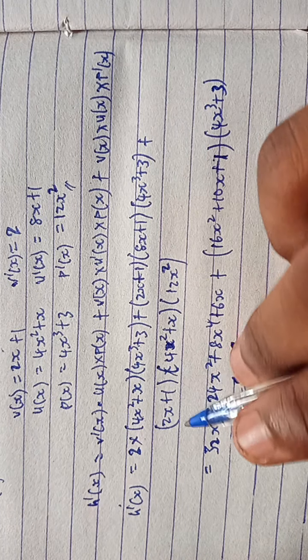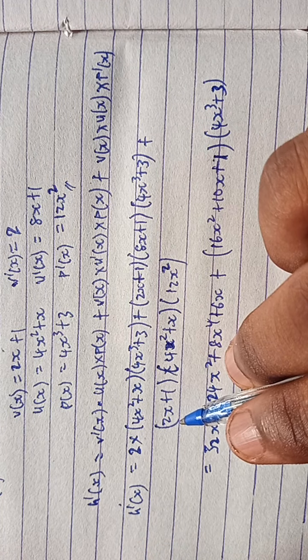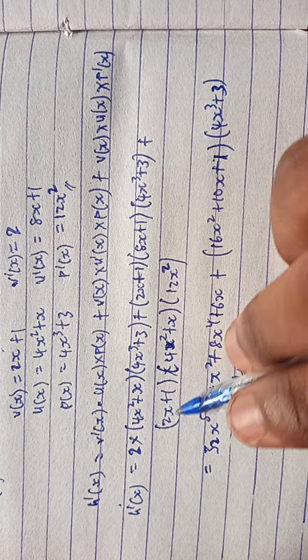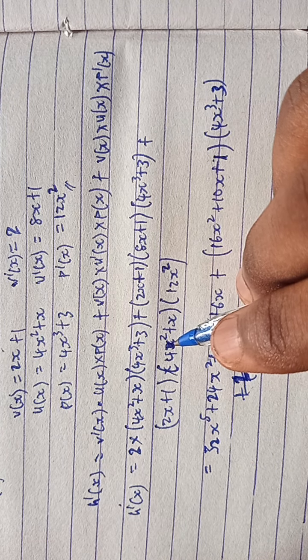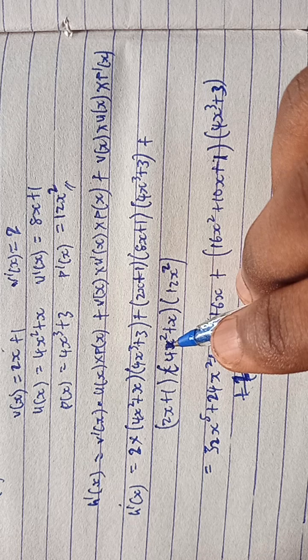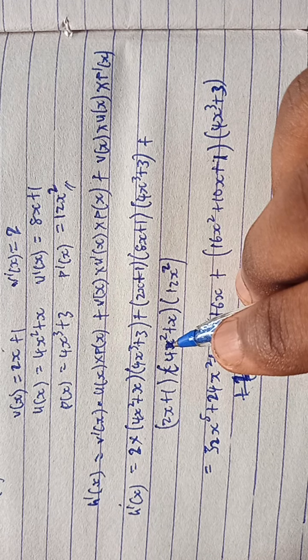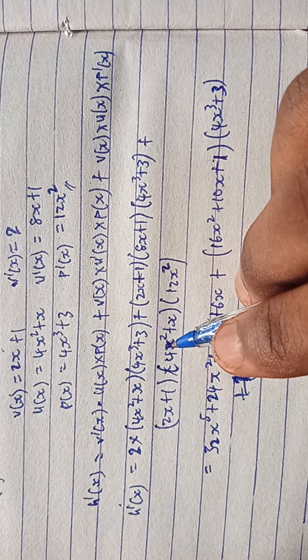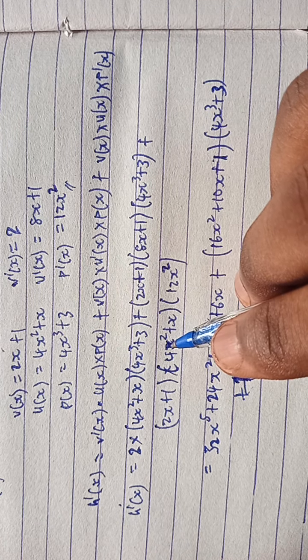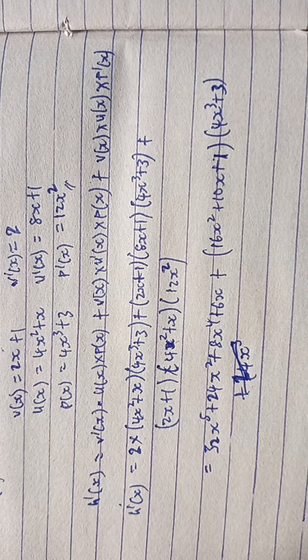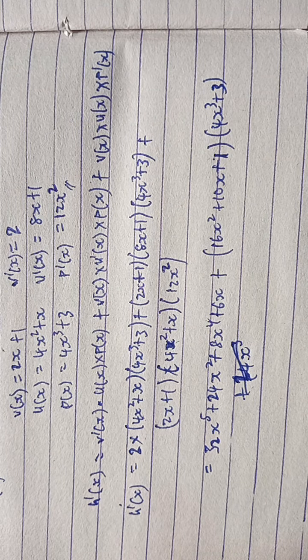So we'll have this times this to be 24x power 3 times this. 24 times 4 is not 56, it seems 96. 24 times 4, okay, it's 96.